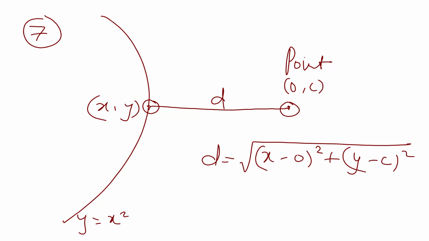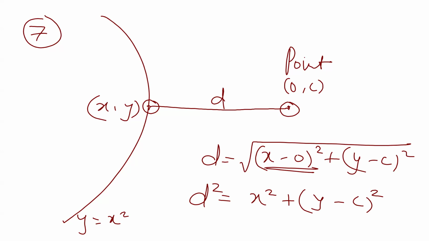As per the distance formula, d is equal to square root of x minus 0 the whole square plus y minus c the whole square. So d square, take the root on the other side. X minus 0 is x. X square plus y minus c the whole square.